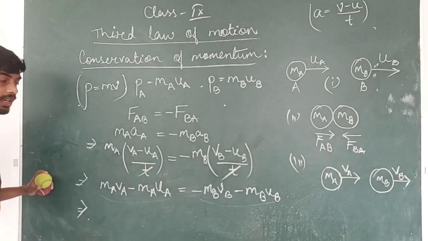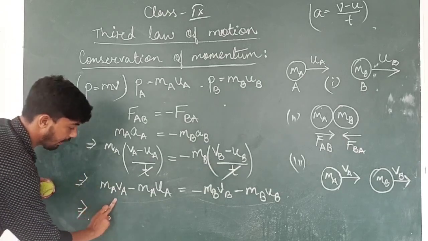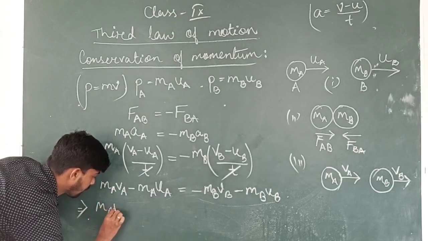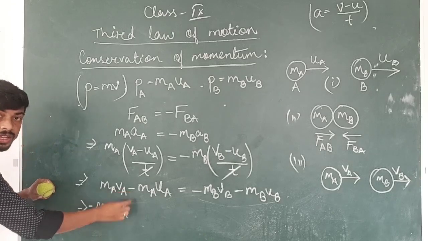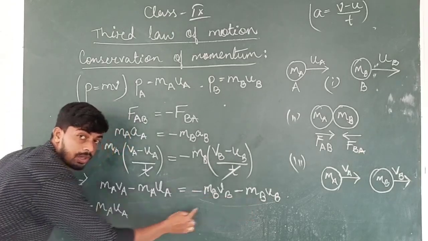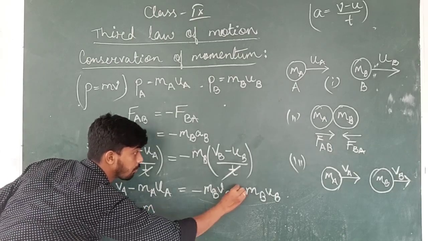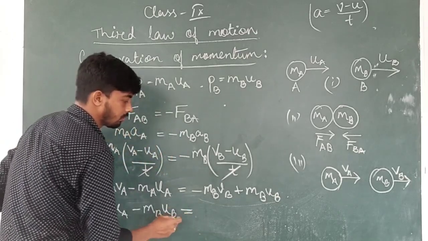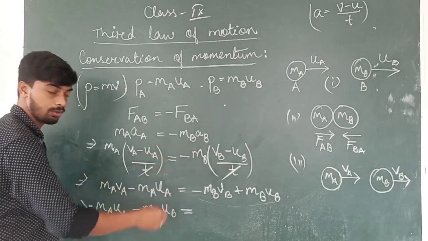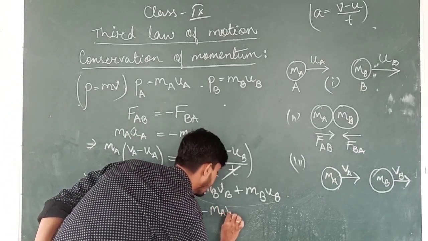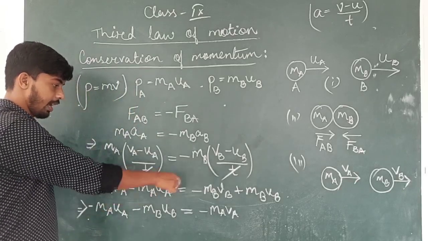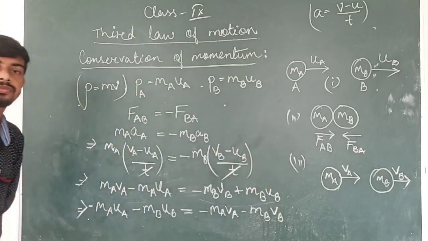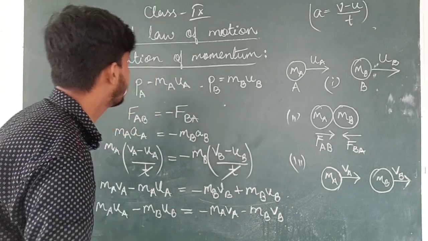So if I exchange, I am keeping mA uA here, and mB uB will come to this side, so I am taking all of them together to be plus, sorry. mA uA plus mB uB equal to, mA vA will go that side, and then mB vB.